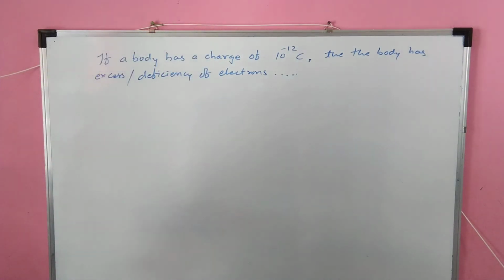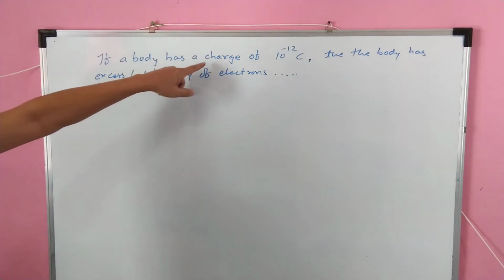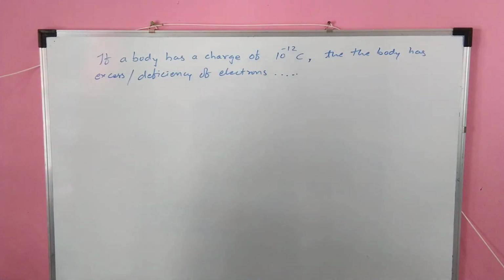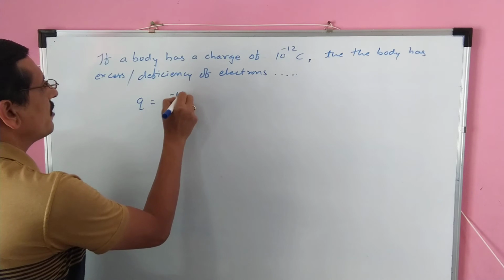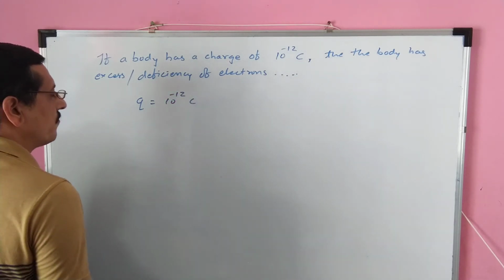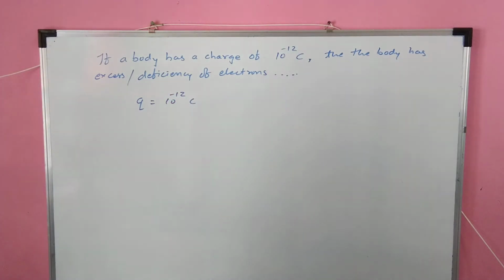Now first thing you check: if a body has a charge of 10^-12 coulomb, the value of Q is equal to 10^-12 coulomb, student. The body has an excess or deficiency of charge.